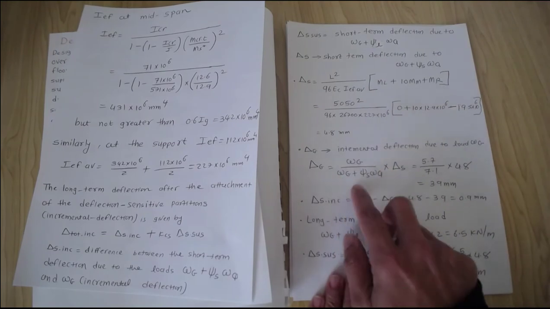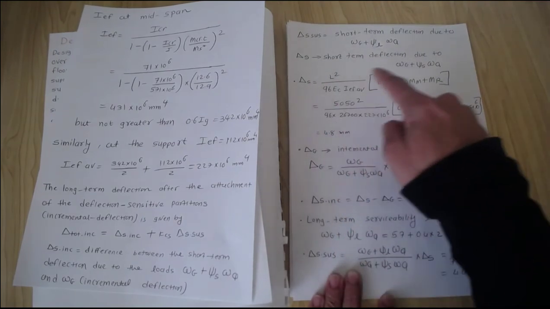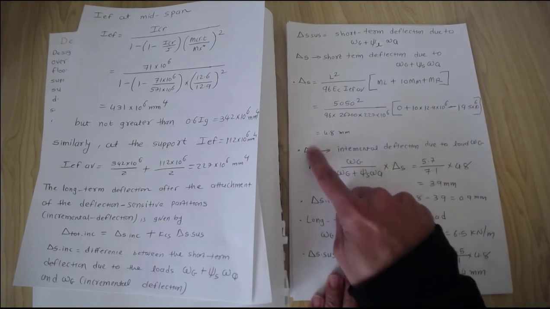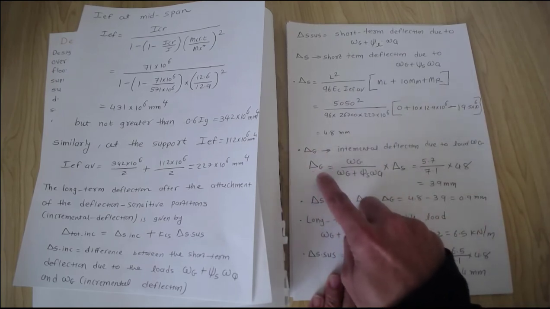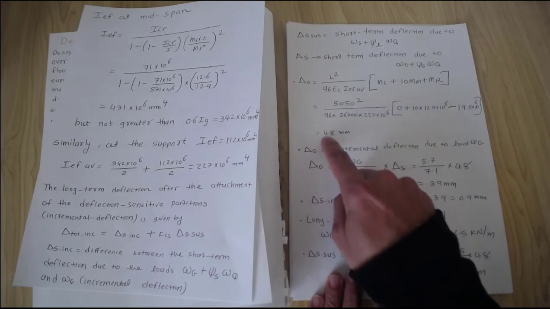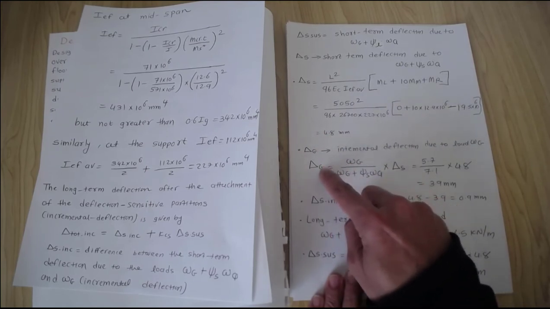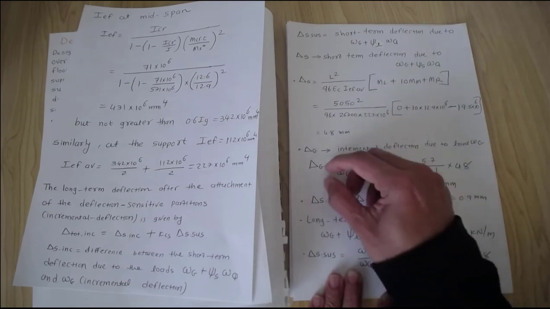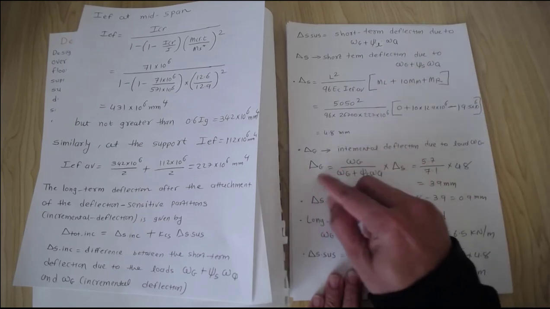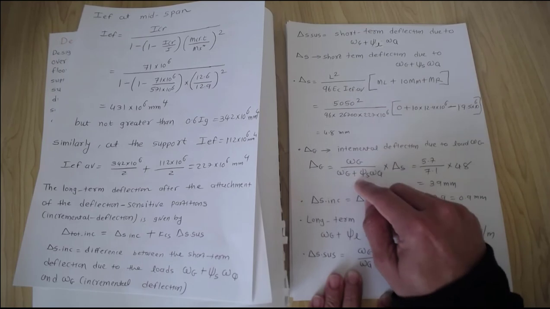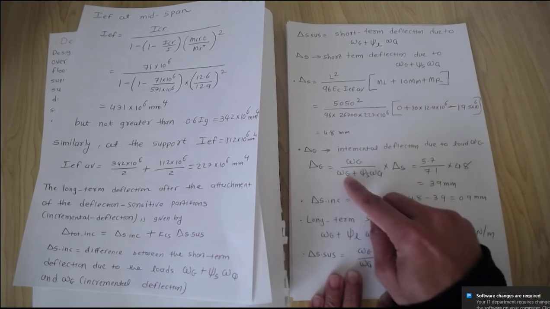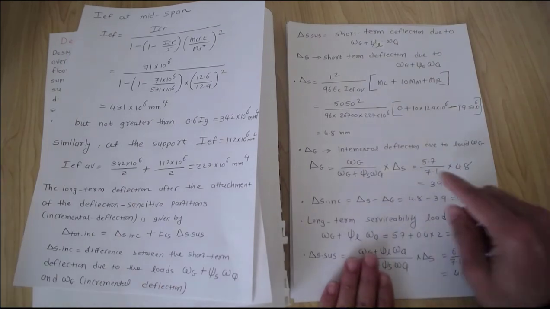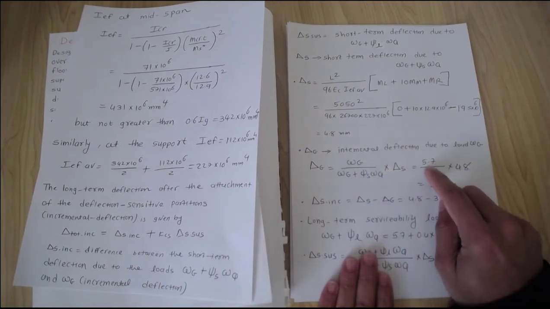We already know the deflection delta S due to this loading, so we can just take the ratio: the incremental deflection over the short-term deflection is equal to the respective load over the loading that we are using here. It's just a ratio. If you simplify this, you have 5.7.